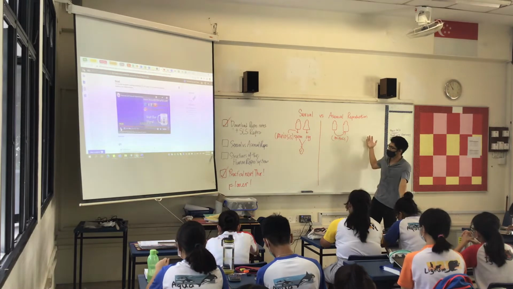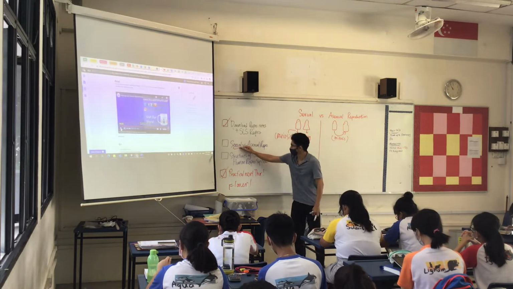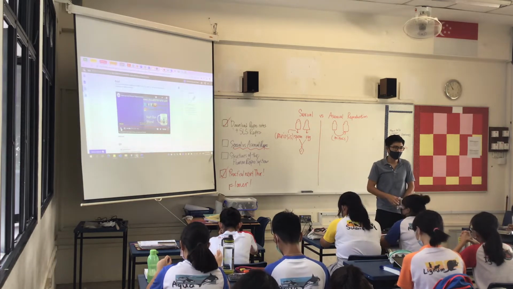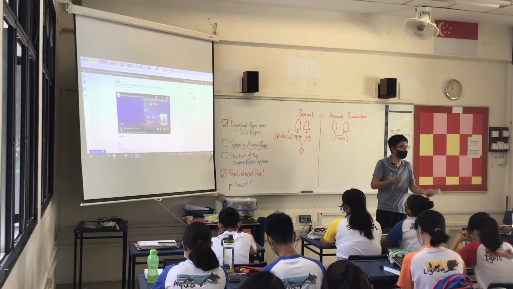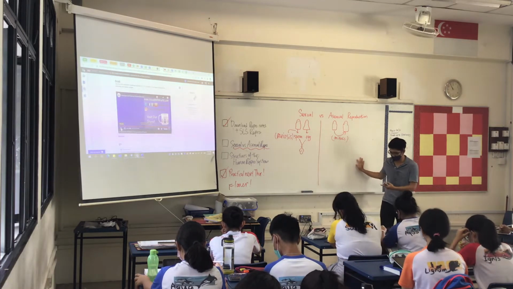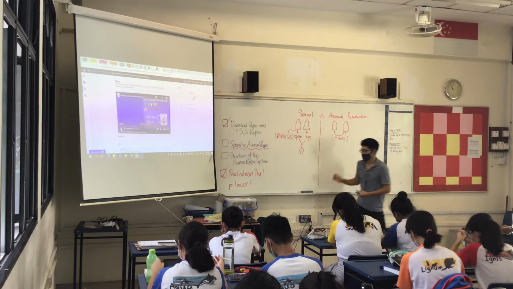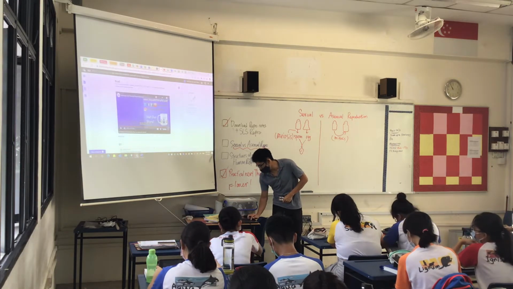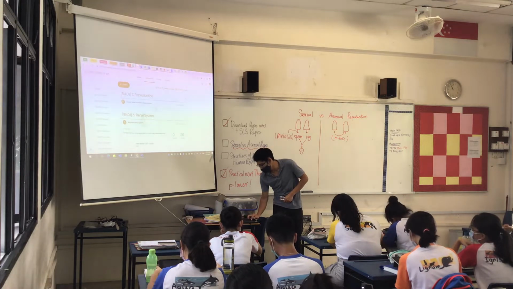What is required of you for this section of the topic is for you to be able to compare and contrast these two. What are the differences, what are the similarities between the two, sexual and asexual reproduction? If I get you to refer to your notes, you will find a comparison table that has been presented to you already.